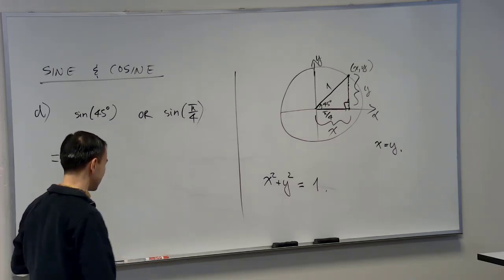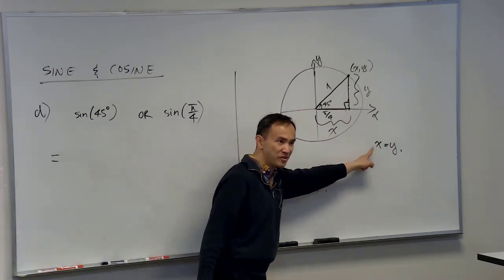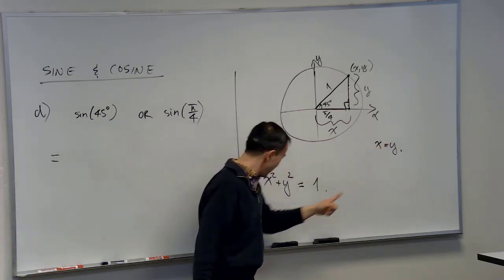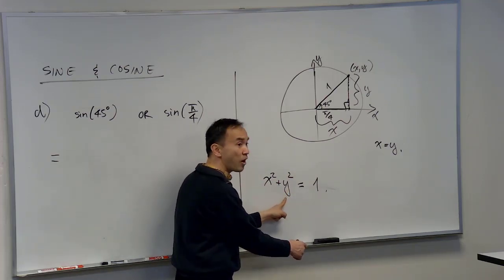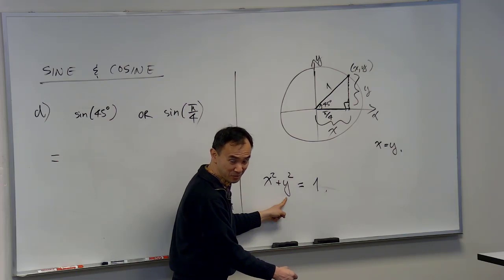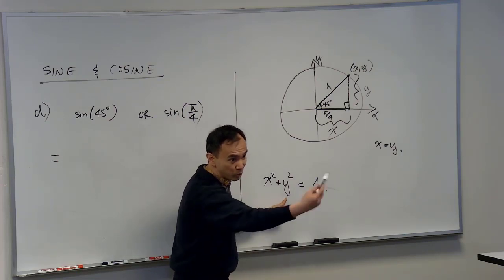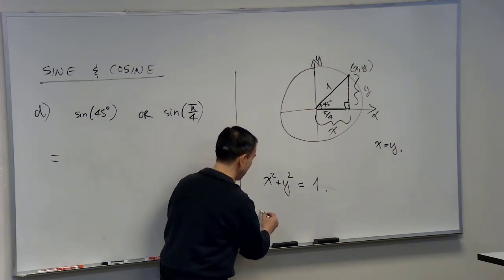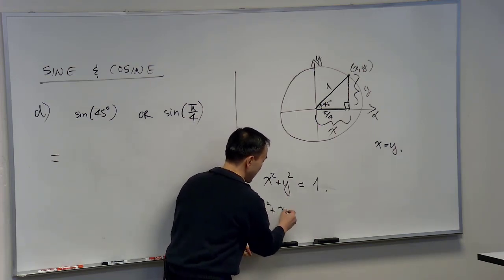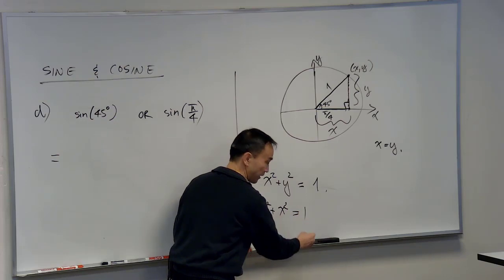Okay, but now I'm going to bring in that information right here. X equals y, meaning you can make your choice, but I'm going to let y equal x. You guys following? So your equation here will become x squared plus another x squared equals 1.